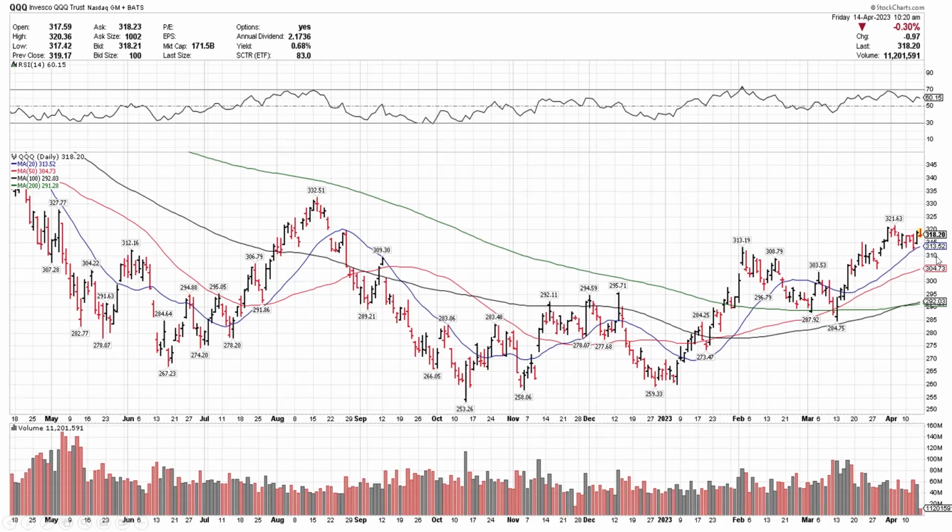This is set up the best of all the major indices on my screen. If QQQ can break out over 325, that could open up the chart for higher. QQQ is one of my favorite charts on the screen right now.